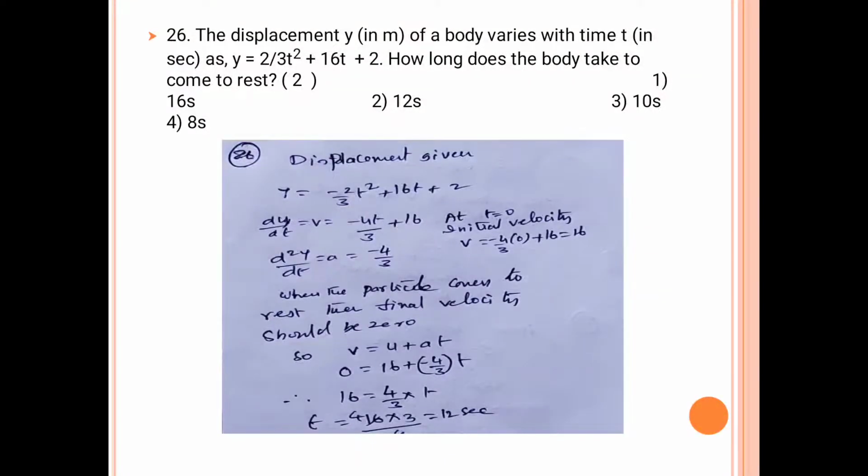Then substituting the acceleration value −4/3, by simple mathematical transformations, 16 = (4/3)t, then you will get t = 12 seconds.